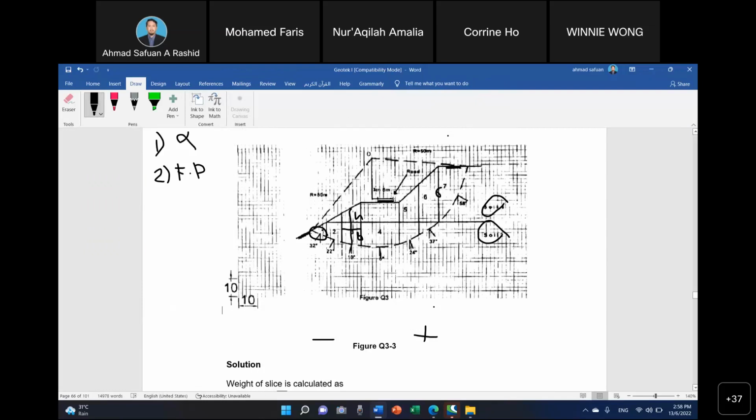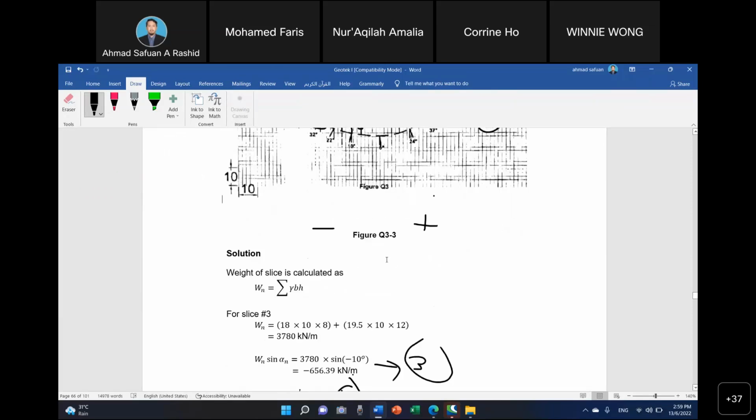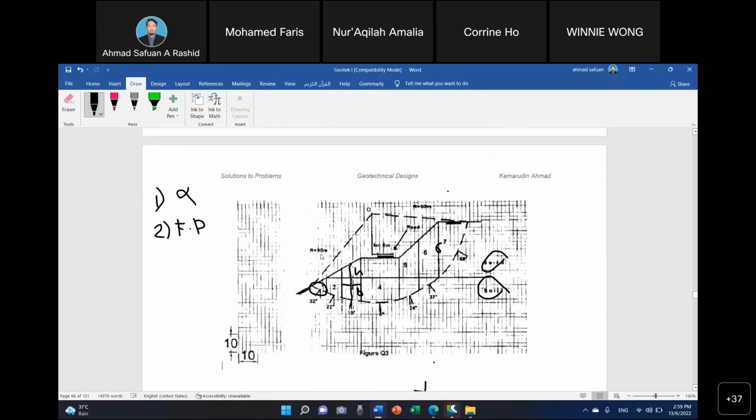So you need to consider this as a part of the driving moment, because it has a weight. Then we need to multiply the weight with the moment arm. So it is a part of the driving moment, so it should be put in sub-equation number 3.